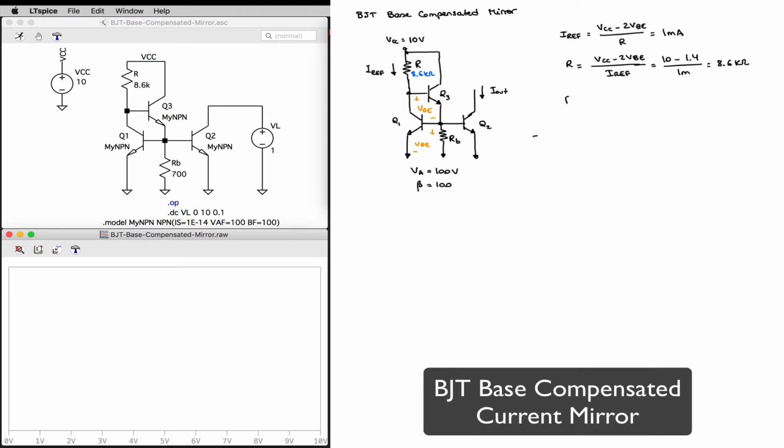So my RB must be equal to VBE divided by IRB, IRB being, of course, the current through that resistor, not to be confused with the base currents.